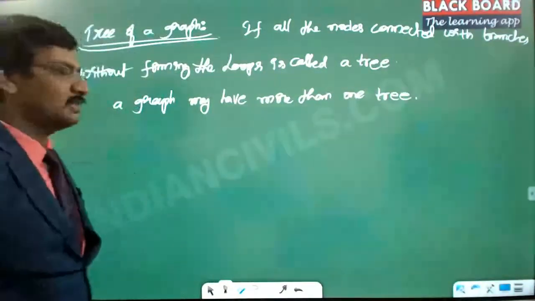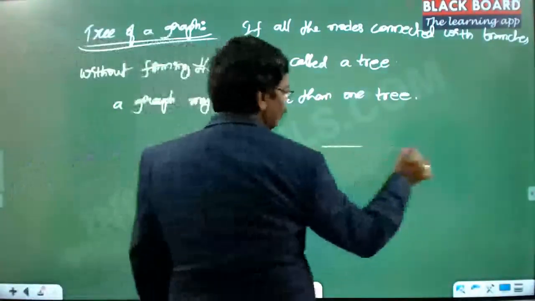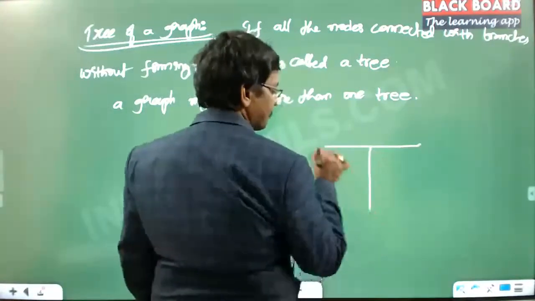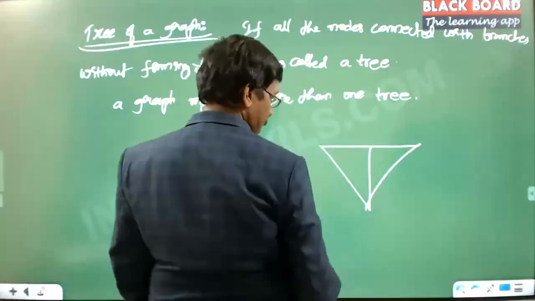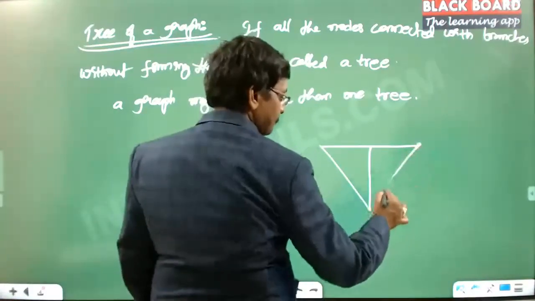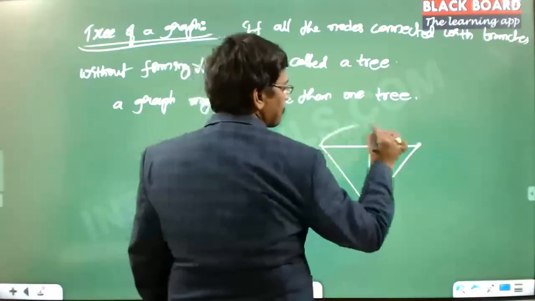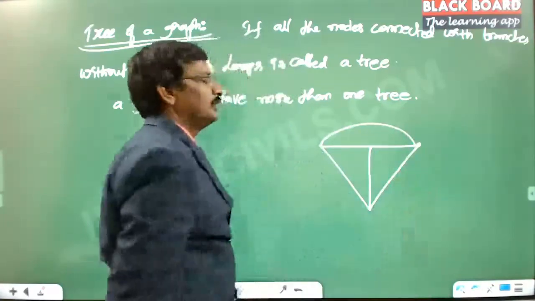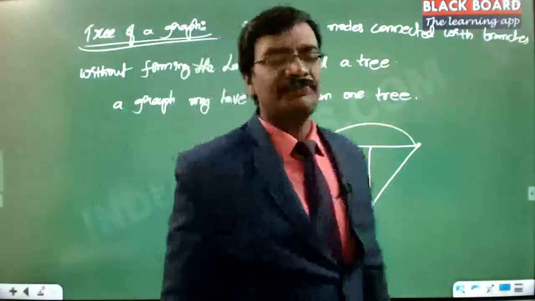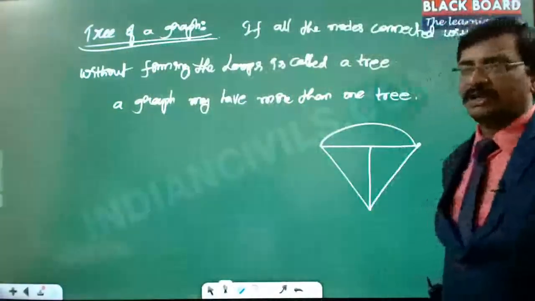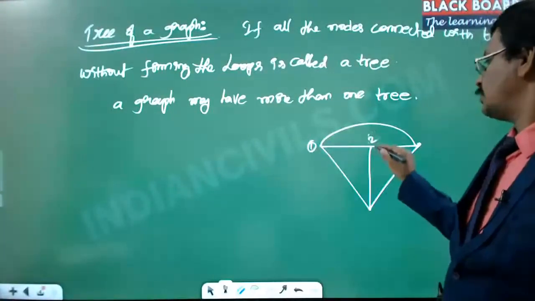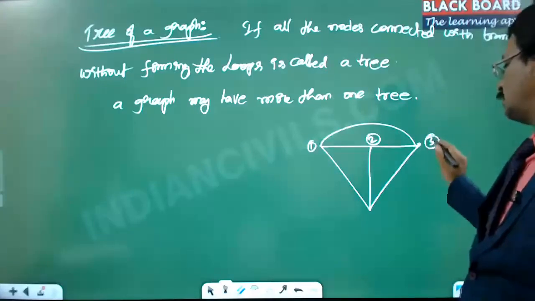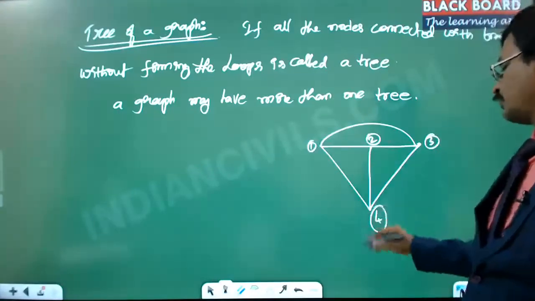Suppose you take this particular graph, like this. By definition, every node has to be connected. So this is node 1, node 2, node 3, node 4.